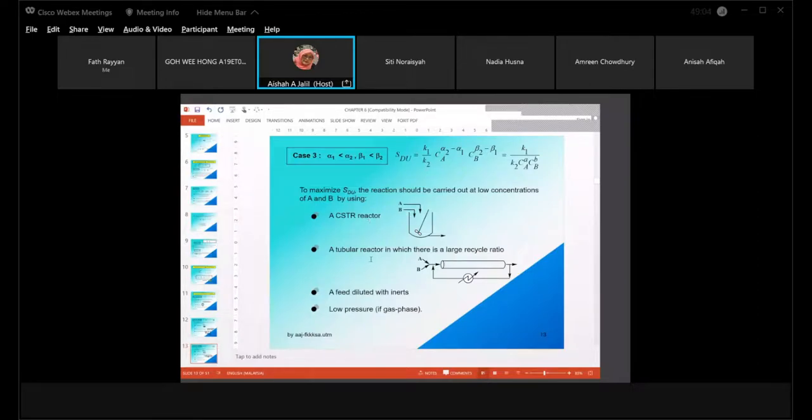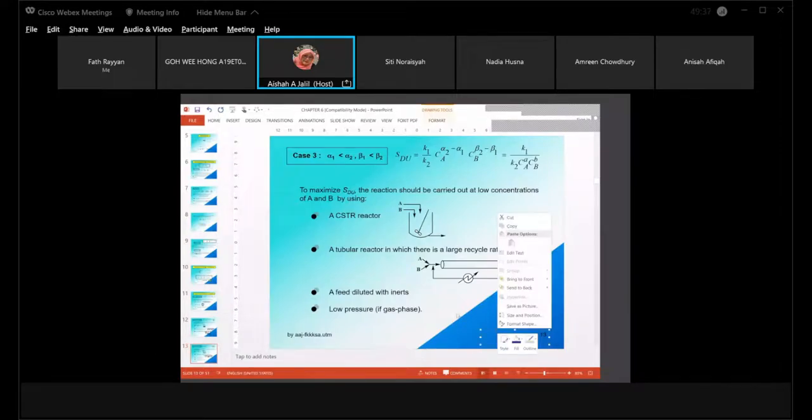Or use the tubular reactor with a large recycle ratio like this, and then you can feed diluted with inert, or diluent for the liquid reaction, and then low pressure, P equals CRT. If you want C lower, the P must be lower for the gas reaction.